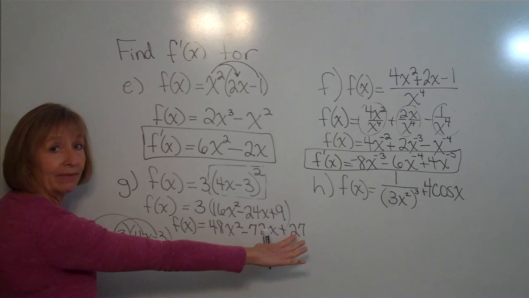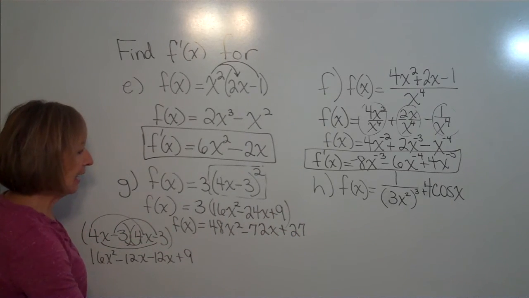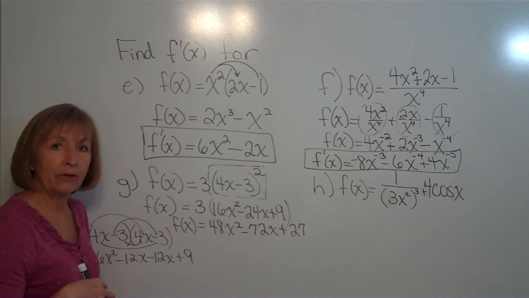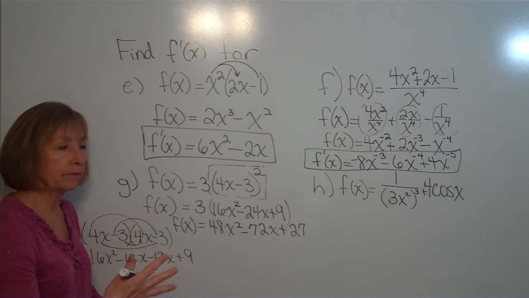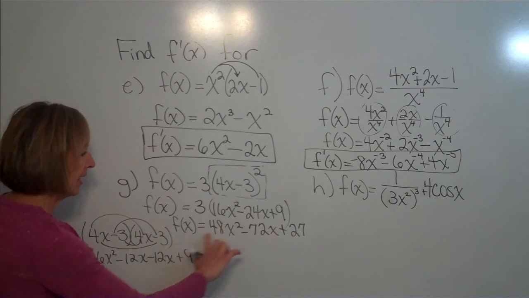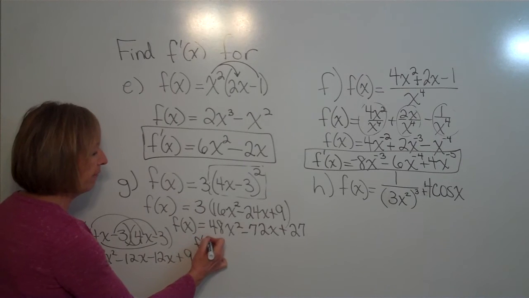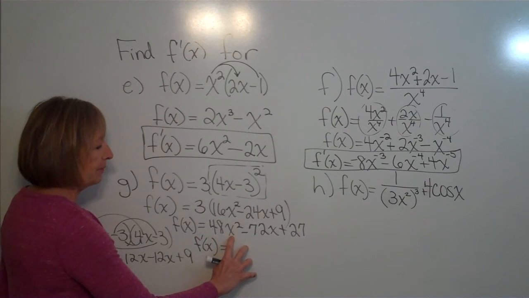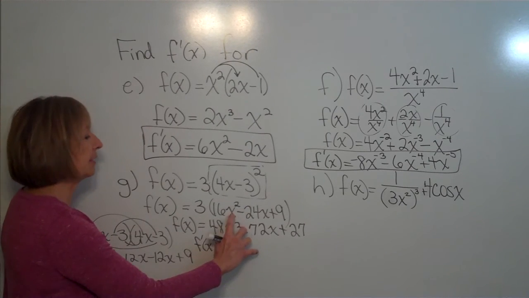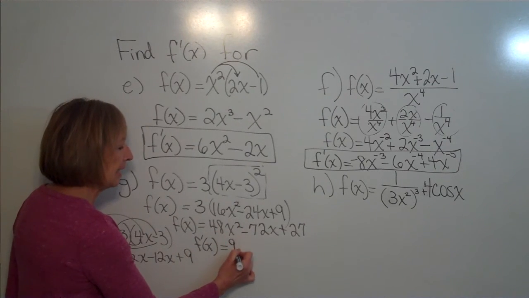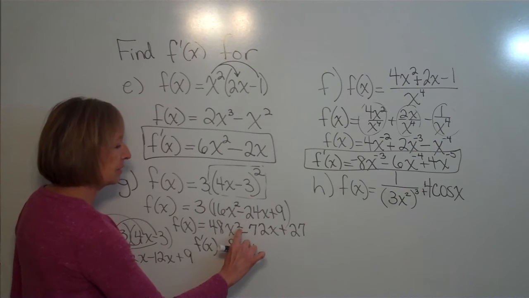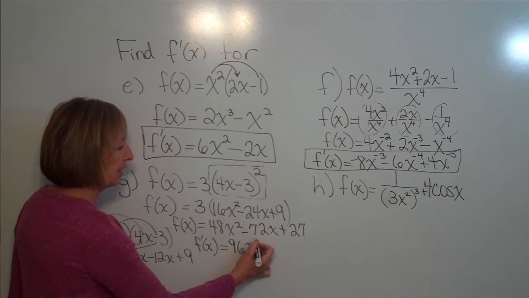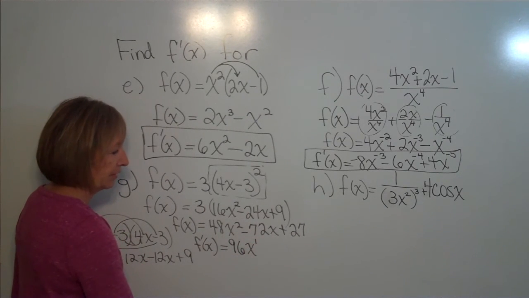And now that I have it term by term, and I have it as letter-based to number power, or the trig functions that we have, I can go ahead and do the derivative. F prime of x is equal to, well, 48 times x squared's derivative is 2 times 48, so 96x to the subtract 1 from the exponent, that'll just be an x to the first.